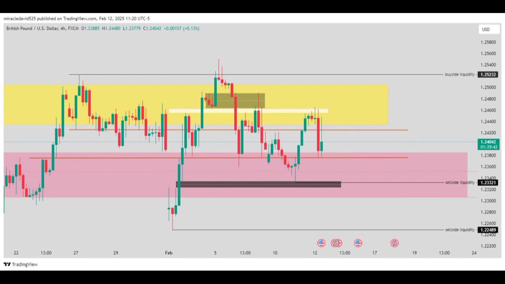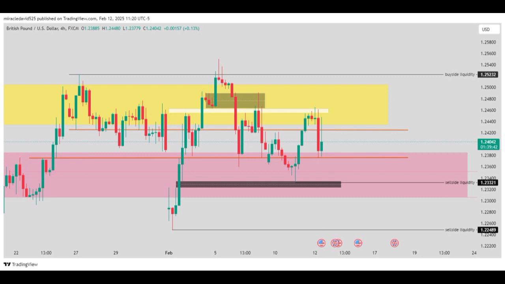My expectation initially was for it to close below it and use it as resistance for going lower to the sell side annotated here. You can see how price just used the wick to touch it before going up to that white level. That white level is the daily level I was talking about in the previous chart. See how price is respecting this level. Now price is in between that white level and the dark level.